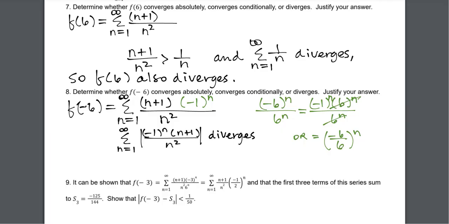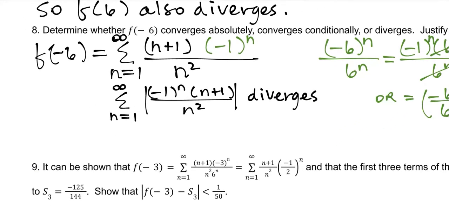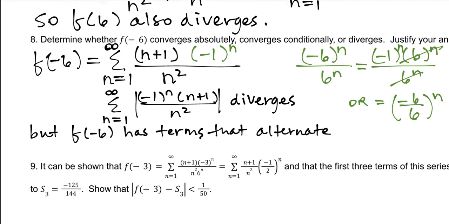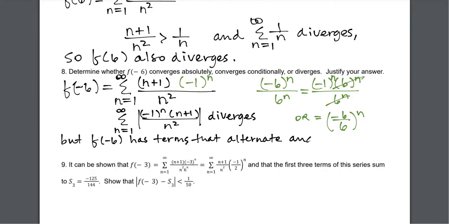But f of negative 6 has terms that alternate and decrease in magnitude to 0.